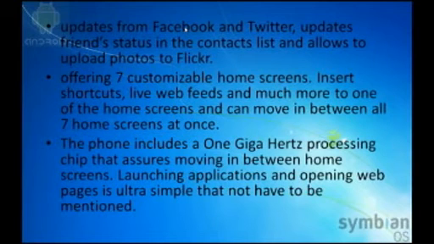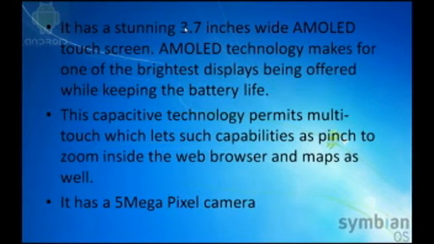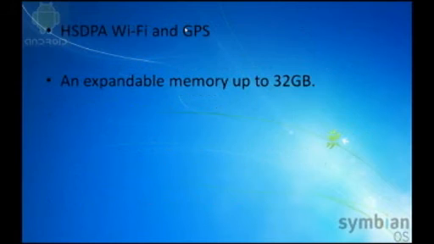AMOLED technology makes for one of the brightest displays being offered while keeping the battery life. It has a 5-megapixel camera and HSDPA and Wi-Fi connectivity, GPS and expandable memory up to 32 GB, and it's easy to understand why the HTC Desire is the definite quick prospect for the handset of the year.